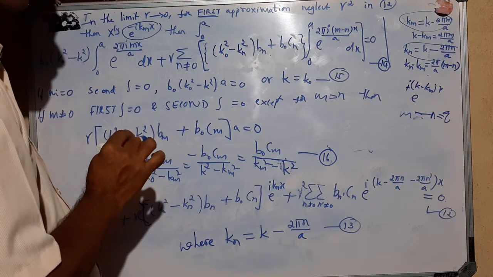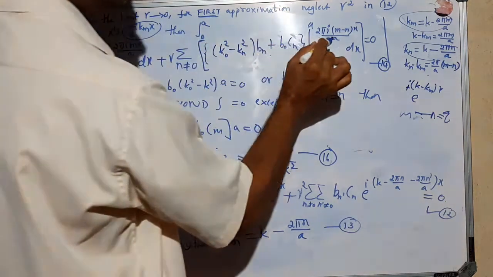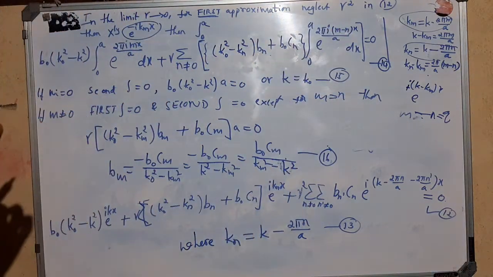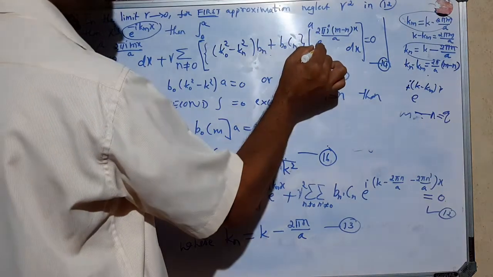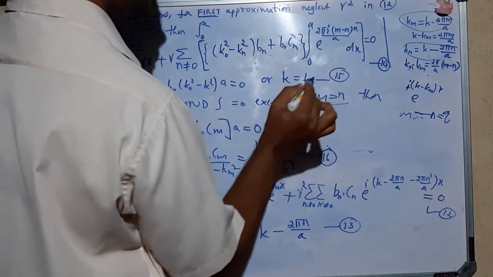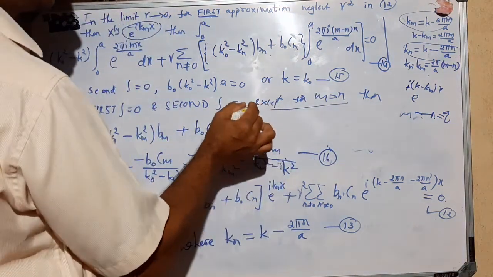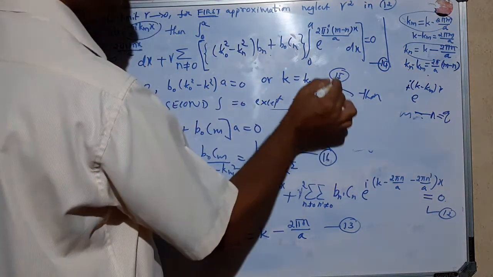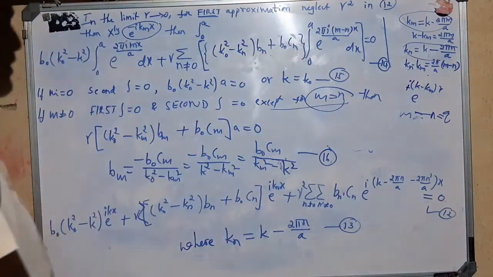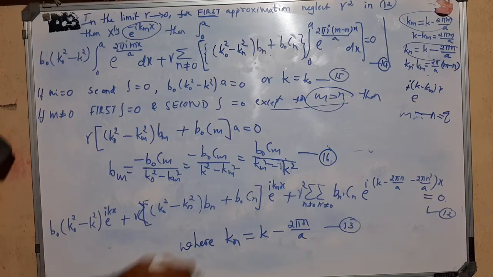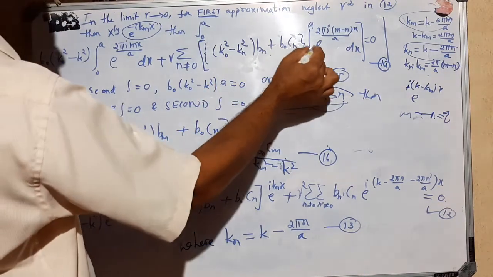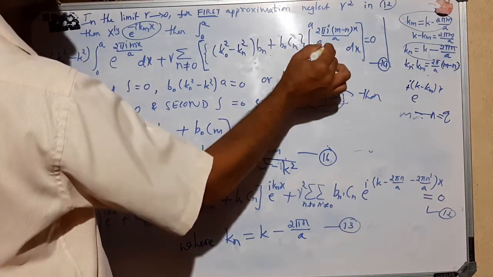But observe that there is one possibility, except m is equal to n. What happens in this equation when m is equal to n? It becomes e to the power 0. Therefore, except for m is equal to n, only for this the integral sustains. For all other values, the integral is 0. Therefore, for m is equal to n, the integration becomes integration 0 to a dx.